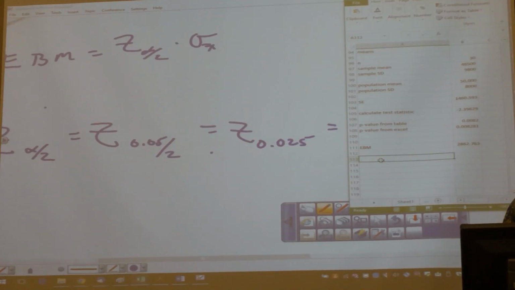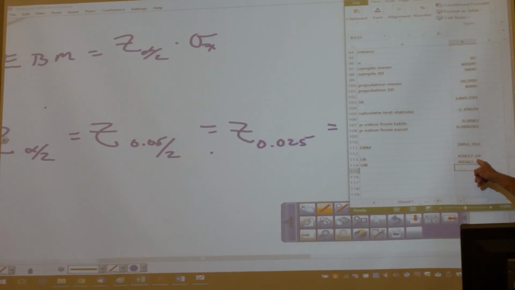And then my lower bound and my upper bound. So my lower bound will be my mean minus my error bound margin. And my upper bound will be my mean plus error bound margin.